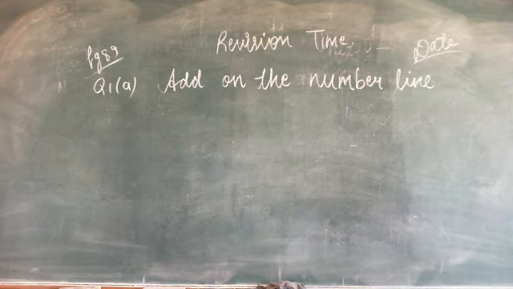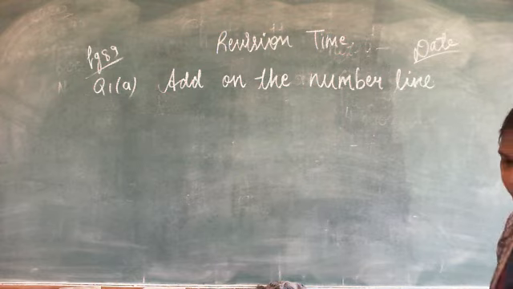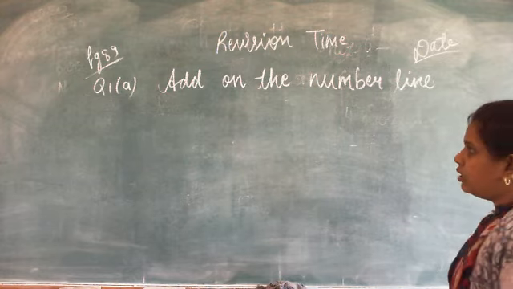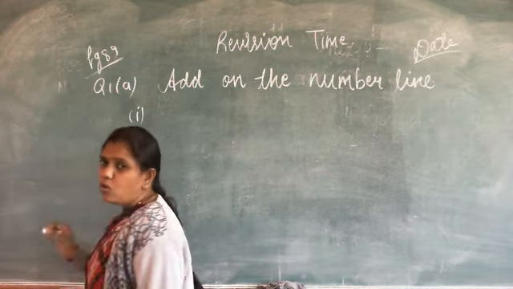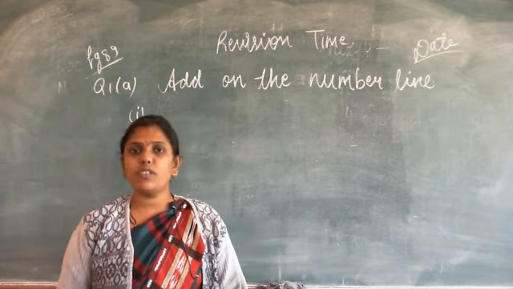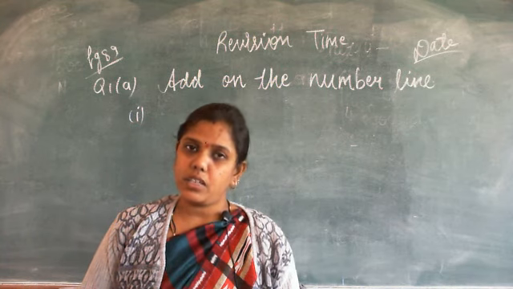First write the question. Now write 1, because in your book only one question is there. So we are going to do some extra questions also.